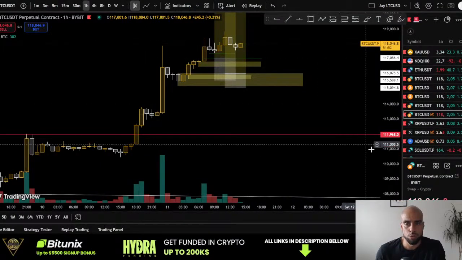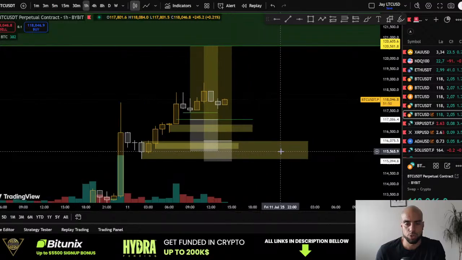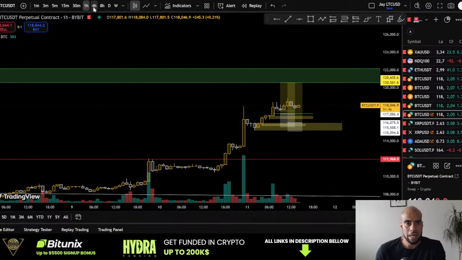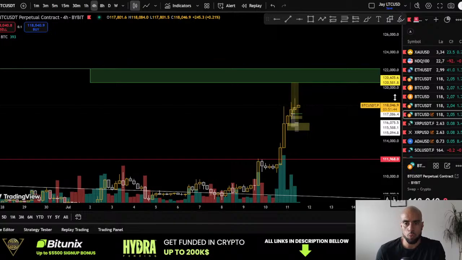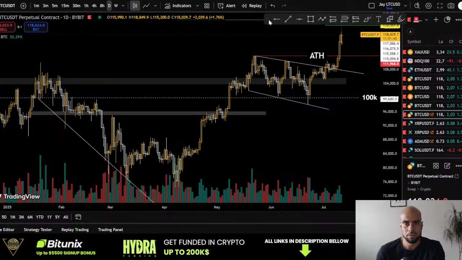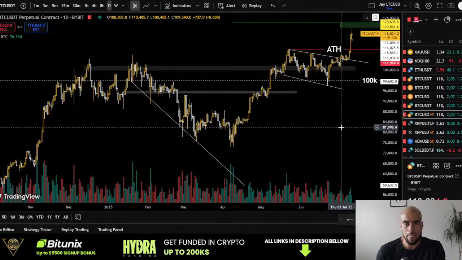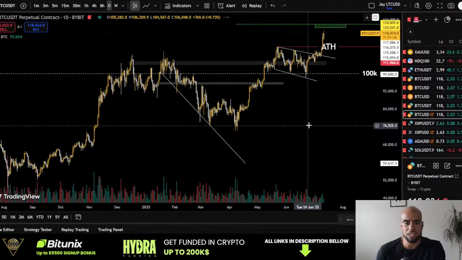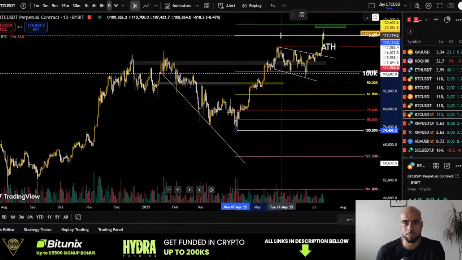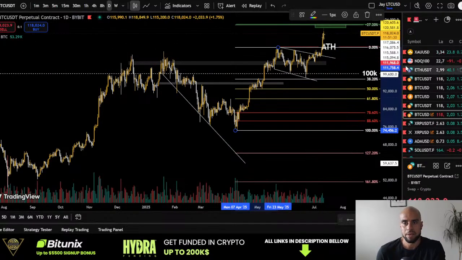If we get into the macro chart and look a little bit at what's going on here, like I explained this morning, we have Fibonacci levels. Let's go on a daily time frame. These Fibonacci levels are me pulling fib from this bottom to this high.